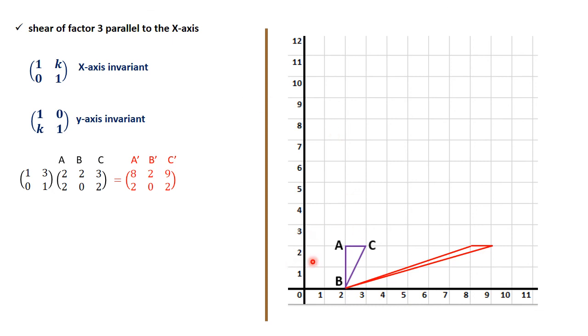It just looks like we are moving this way parallel to the x-axis. And is it x-axis invariant? Yes, the point B was the only point on the x-axis, and it has not changed. It remains there. So that justifies our point. These are shears of scale factor 3 parallel to the x-axis, or if you like, invariant to the x-axis. And the coordinates are given there: the point B is this one here, the point A, the point C.